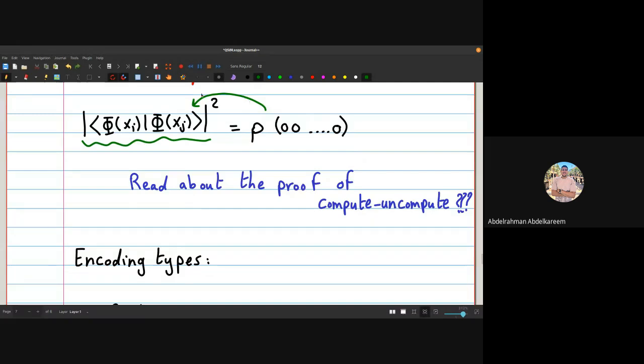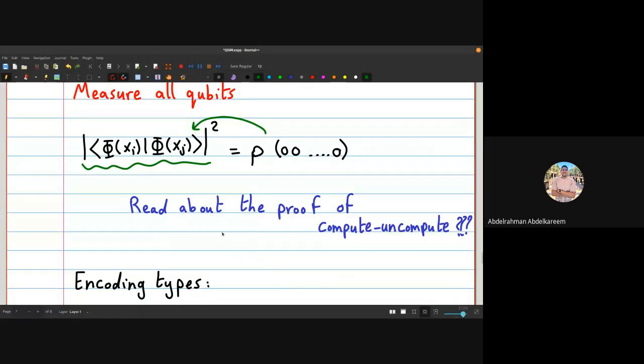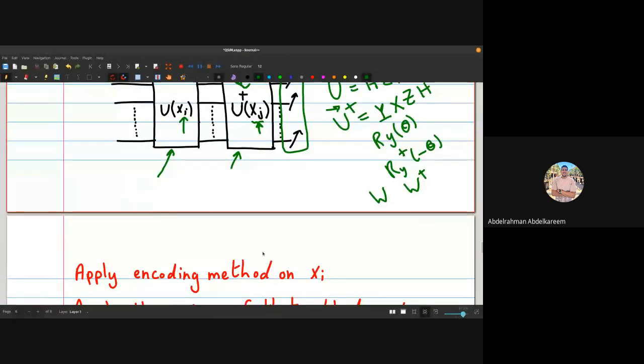Then this is the value we'll input in the kernel matrix. So I need you to also read about the proof of the compute-uncompute method. If you have understood the proof for the swap test, it won't be hard for compute-uncompute.